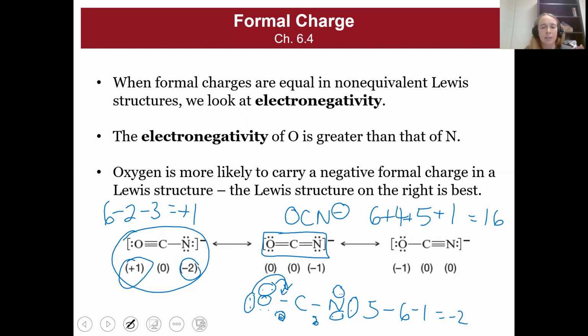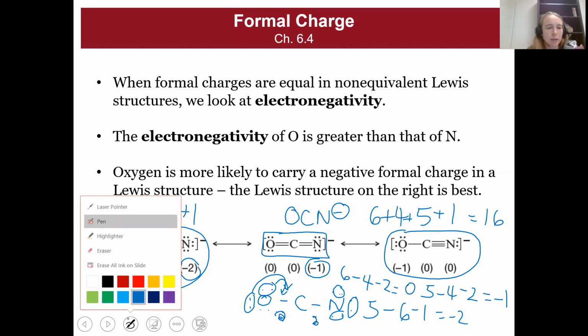That's going to give us formal charges of 6 minus 4 non-bonding electrons minus 2 bonds is 0 for oxygen, and 5 minus 4 non-bonding electrons minus 2 bonds is -1 for nitrogen. But oxygen is the more electronegative between oxygen and nitrogen, so we actually want to do this one instead, where our -1 charge is on oxygen and not nitrogen.